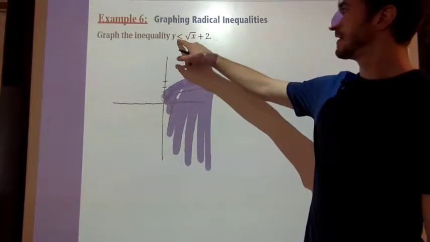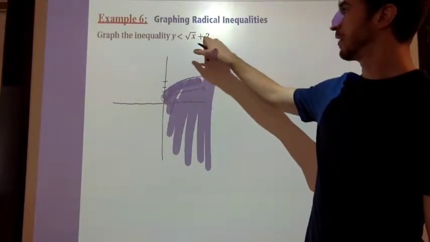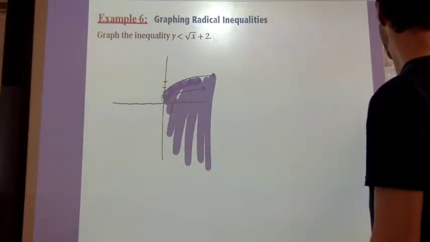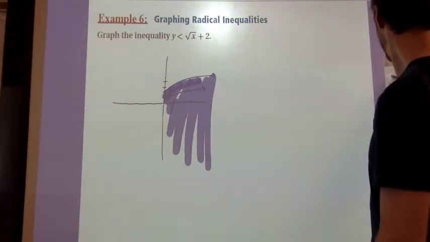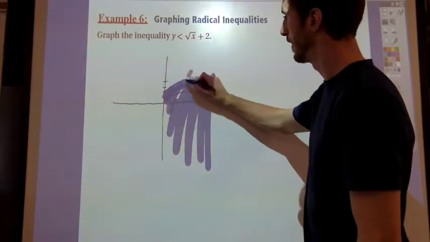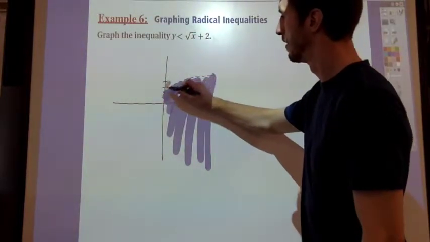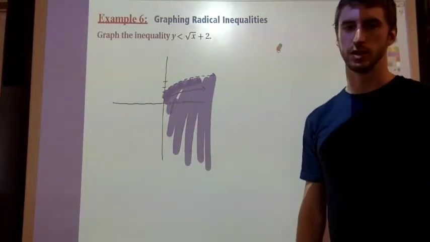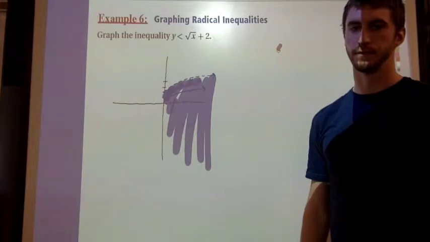And since it doesn't actually include square root of x plus 2, I have to draw this as a dotted line. Remember that? So I'm going to draw that as a dotted line. And that's what that looks like. I hope you can see that.